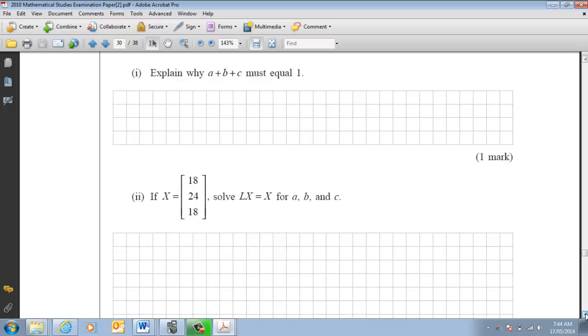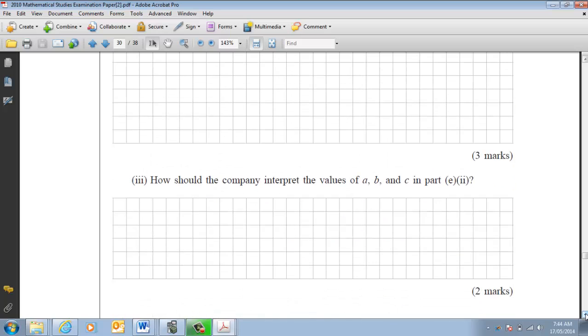Alright, the last part of this question says, how should the company interpret the values of A, B and C in part E2?